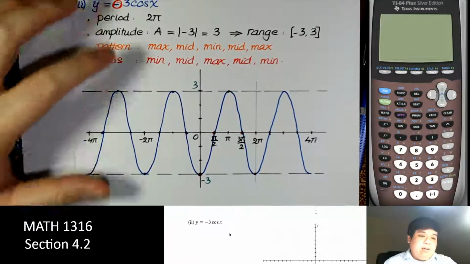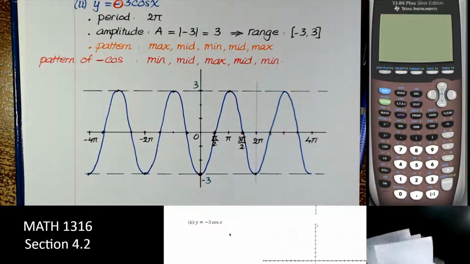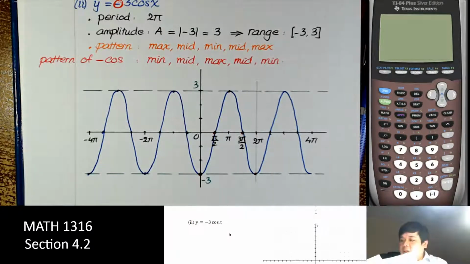That is the graph of negative 3 cosine x. There's a lot of graph today.